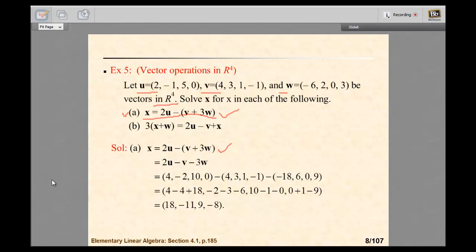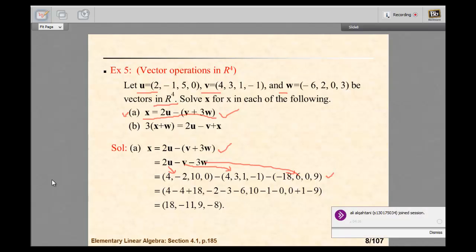Put the given vector u here, the vector v here, and the vector w here, multiplied by 3. Then you subtract these three vectors: 4 minus 4 plus 18, and similarly -2 minus 3 minus 6.